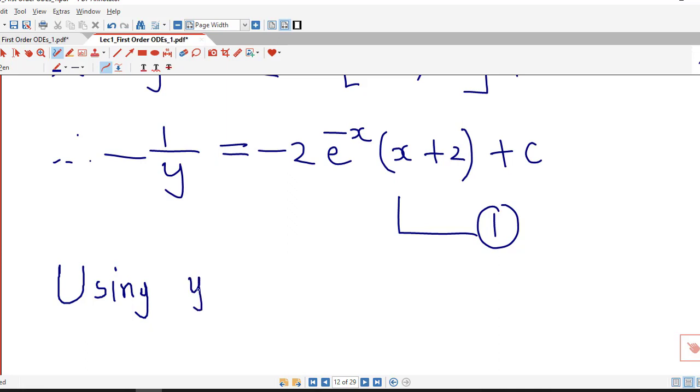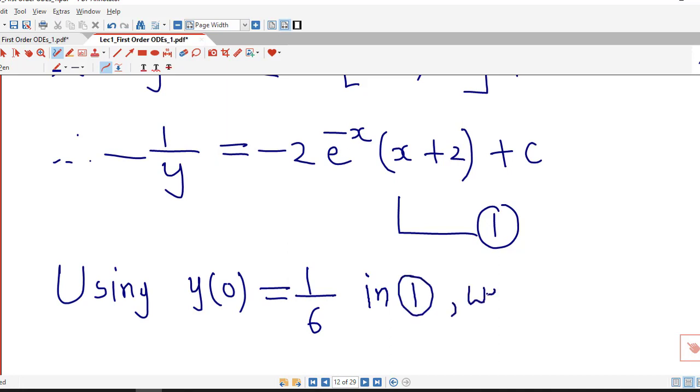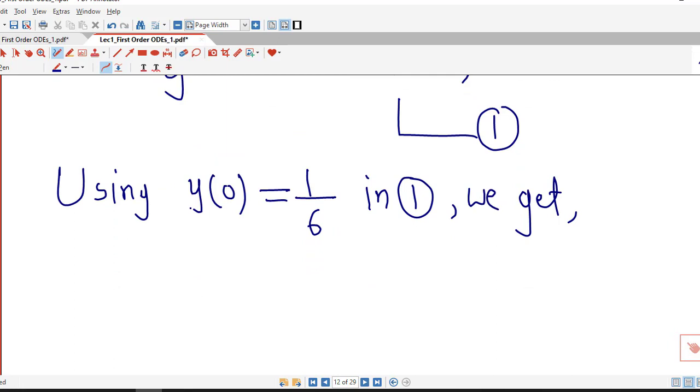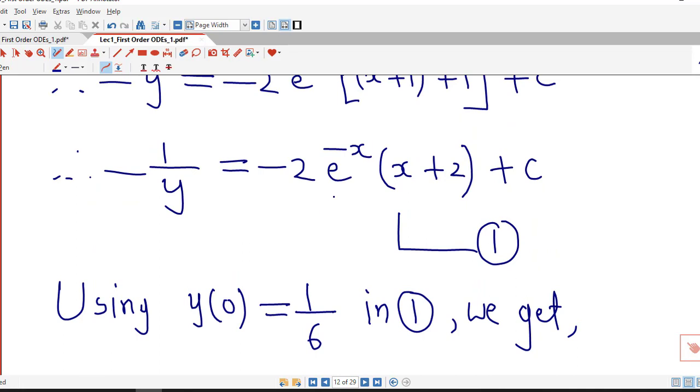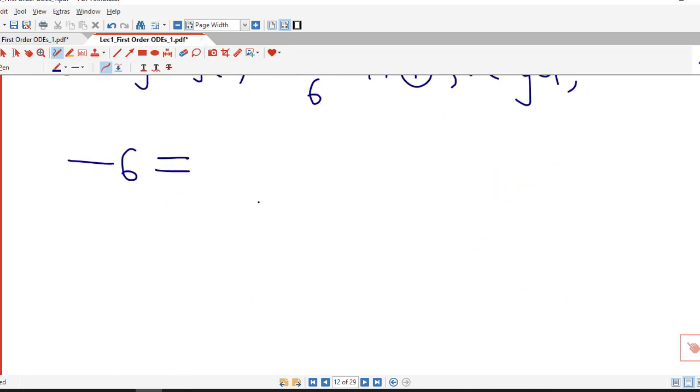So using y of 0 equal to 1 by 6 in 1, we get, since y is 1 by 6, minus 1 by y is minus 6. So on the left hand side we have minus 6, and this is equal to, x is 0, so e raised to 0 is 1, minus 2 into 2, that is minus 4, plus c.